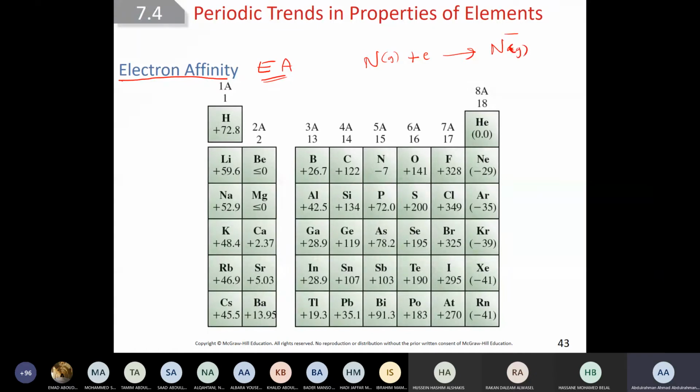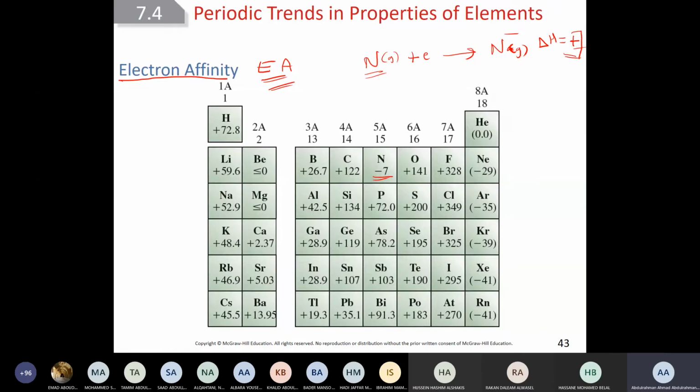What's delta H? The electron affinity is minus 7, and delta H is plus 7.